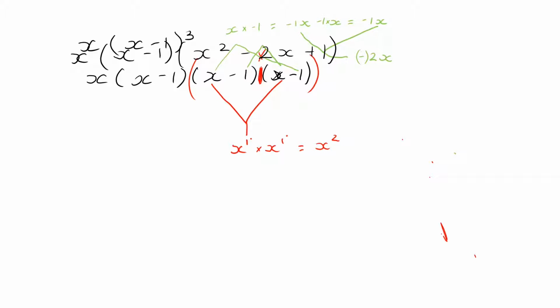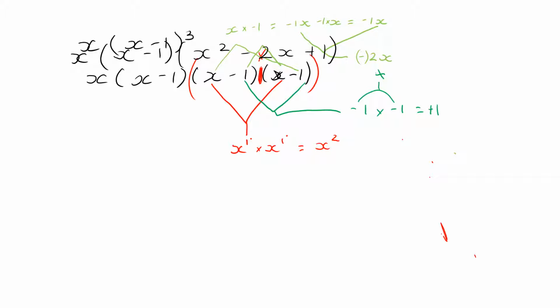And then you do the last two in this bracket, which is -1 times -1. A minus times a minus cancels the minus out, so it just becomes +1.